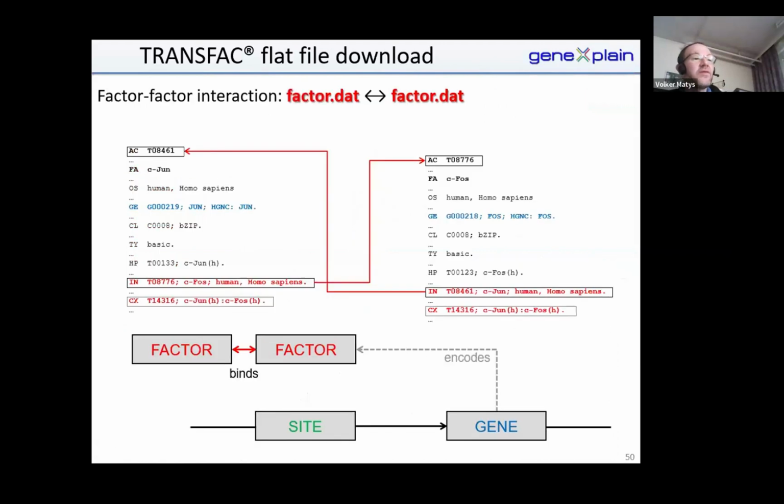Here, this would be between two transcription factors, a factor and an interacting factor, and also to a factor complex. So a transcription factor may interact with a cofactor, where one factor is binding to the binding site, but the cofactor is only interacting with the transcription factor.